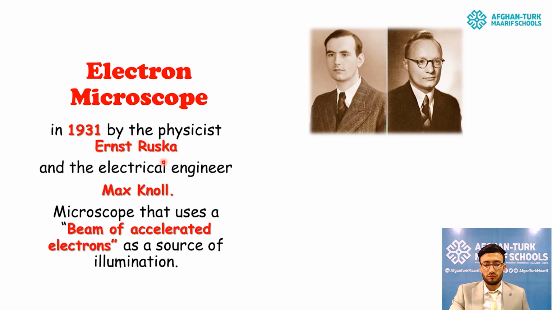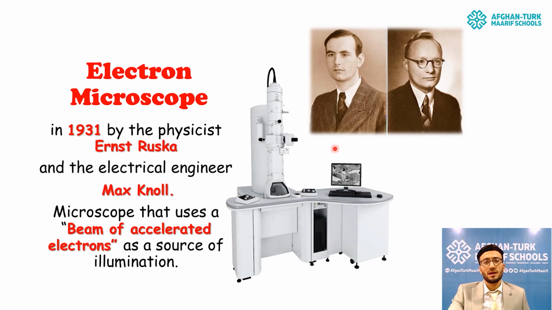This is the invention of two scientists in 1931: the physicist Ernst Ruska and the electrical engineer Max Knoll. They both worked together to invent the electron microscope. In order to understand the function of the electron microscope, you should understand the specific differences between electron microscope and light microscope.